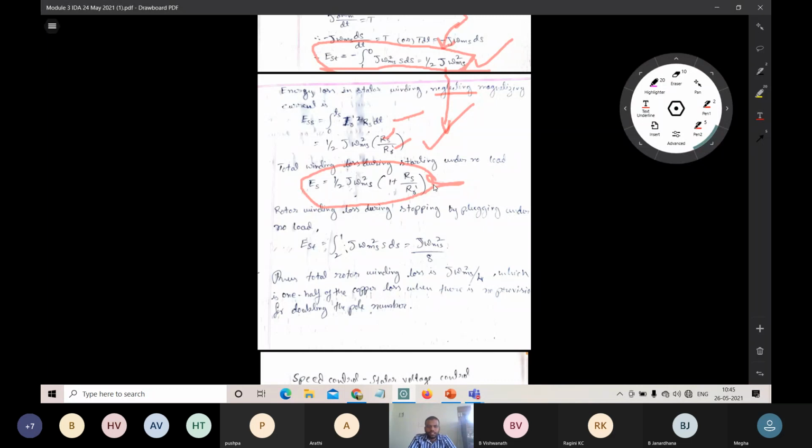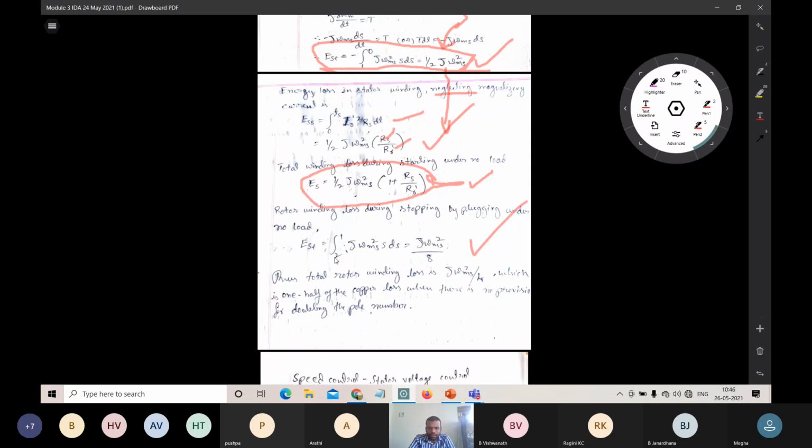One more thing is the rotor winding loss during stopping. We have calculated the loss for starting, and the same for stopping. At the time of stopping, what happens? The integral of J omega ms square s ds will be equal to J omega ms square by 8. For starting, we consider from 1 to 0 or -1 to 0.